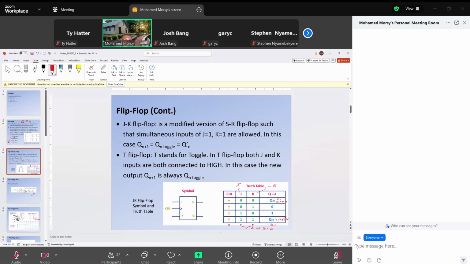We spoke a lot about don't care when we talked about the Karnaugh map. We mentioned we can use don't care as ones to complete the groups.